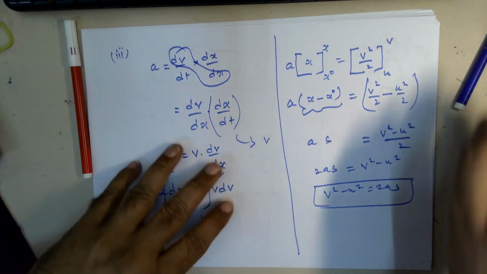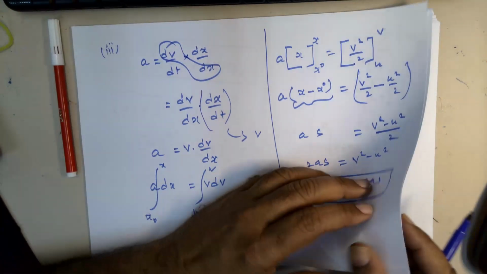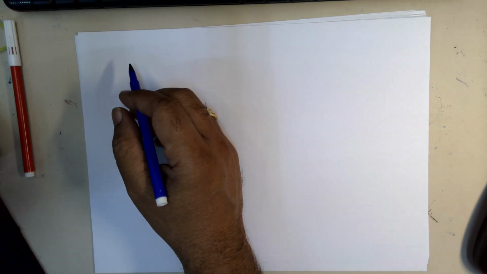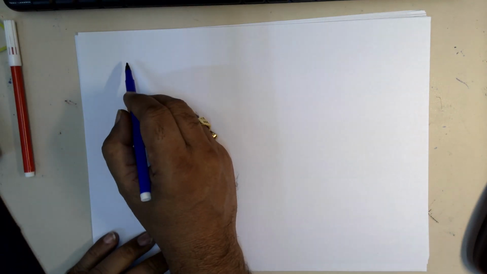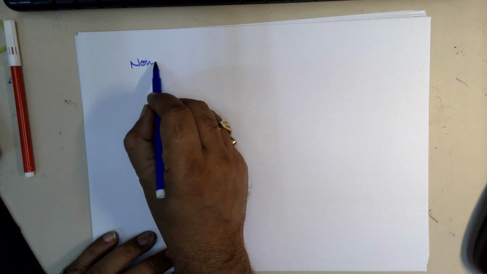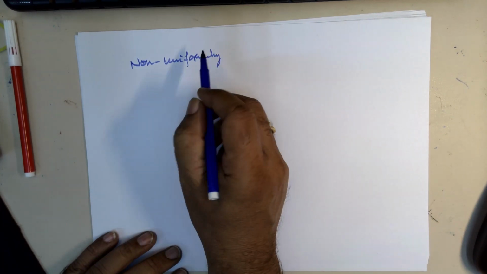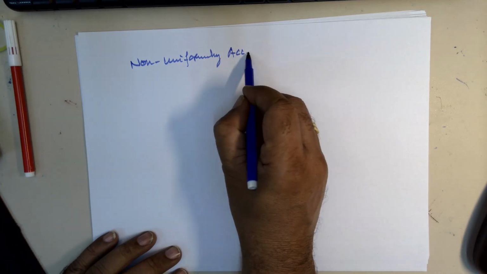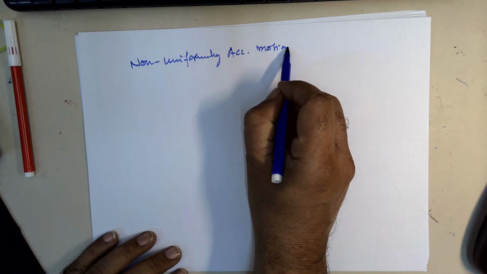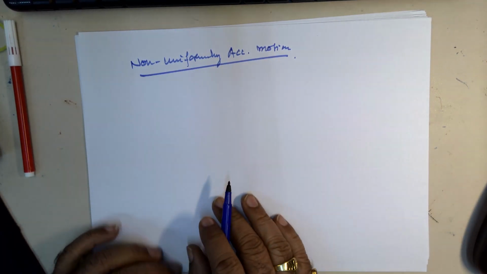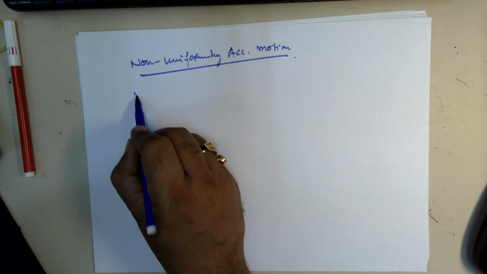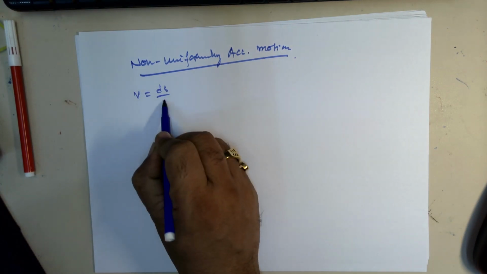And in this case, you should know something about non-uniformly accelerated motion also. But it is beyond the scope of your syllabus. Even then, I'll try to touch upon certain aspects. Take down non-uniformly accelerated motion, right? So here we already know v is equal to ds by dt.